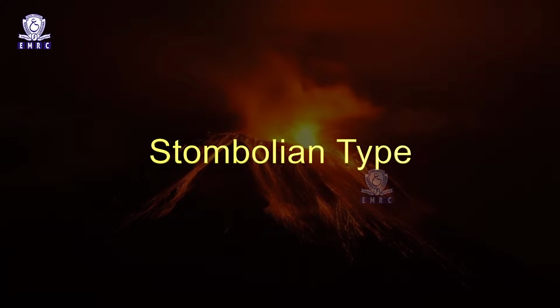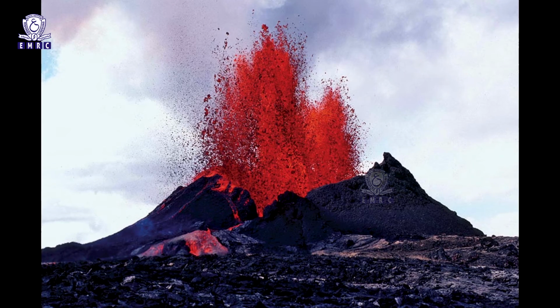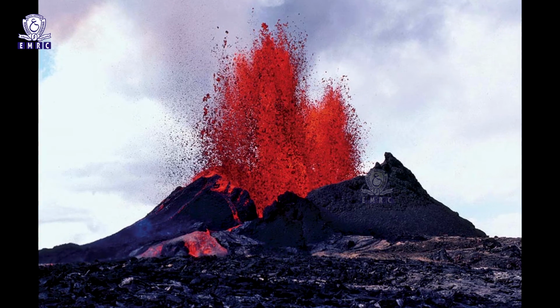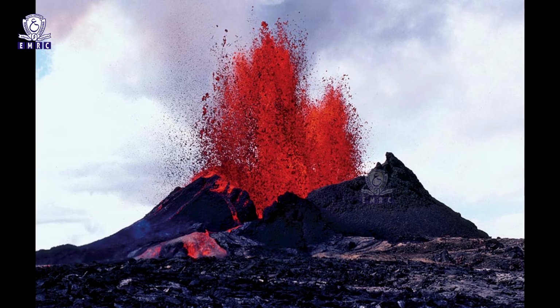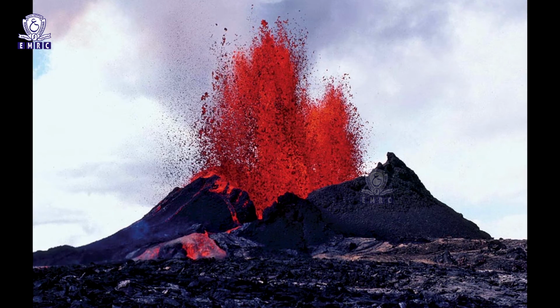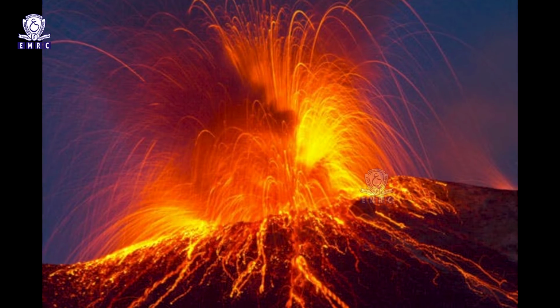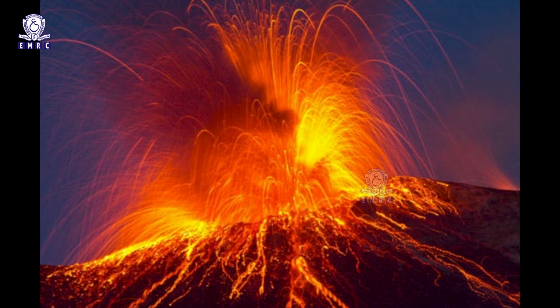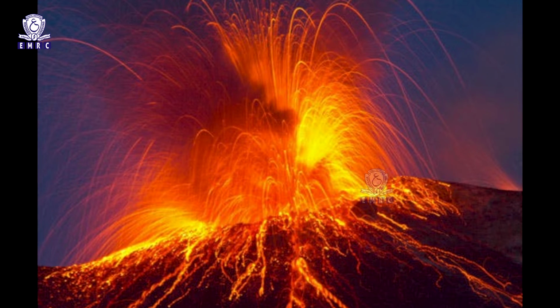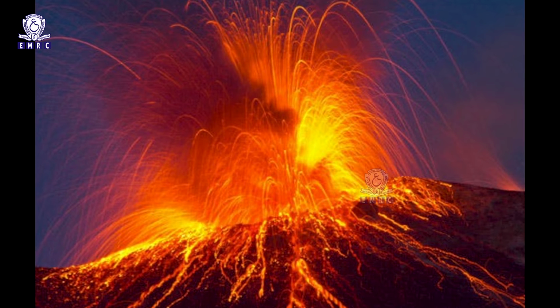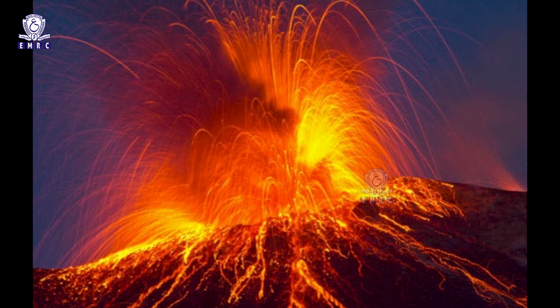Strombolian type of eruption. Stromboli is the name of a volcano in Lipari Islands in the Mediterranean Sea. In this type of volcanic eruption, the basic lava is less fluid than that of the Hawaiian type. The lava flows of Strombolian type are more viscous and therefore spread to shorter distance as thick layers.